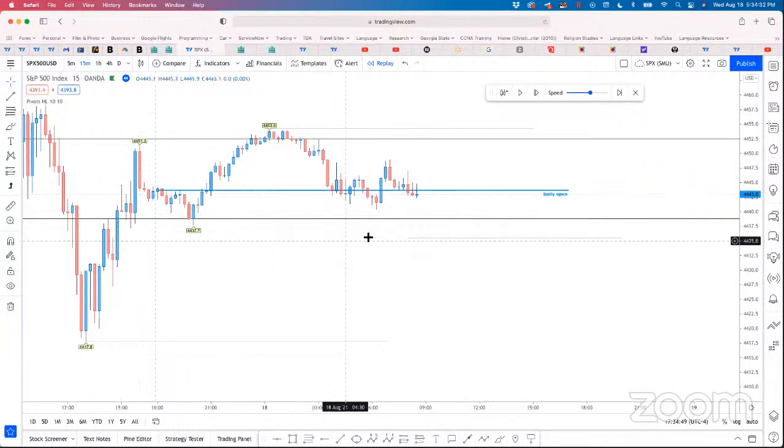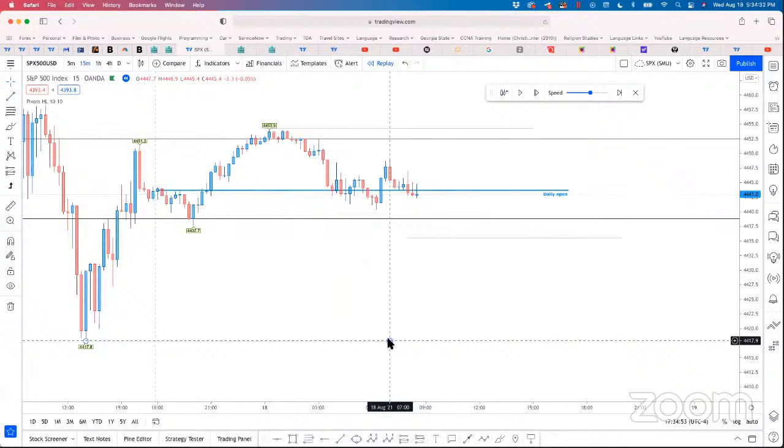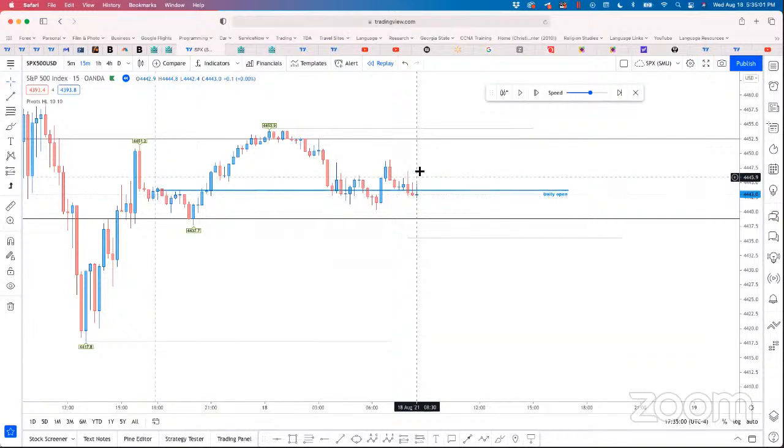And then ultimately, if it wants to keep going down, this is the low that we have to look out for. If it's going to buy, we need to say, okay, the first thing it needs to take out is this high. And then if it takes this high out, it needs to try to take these highs out.